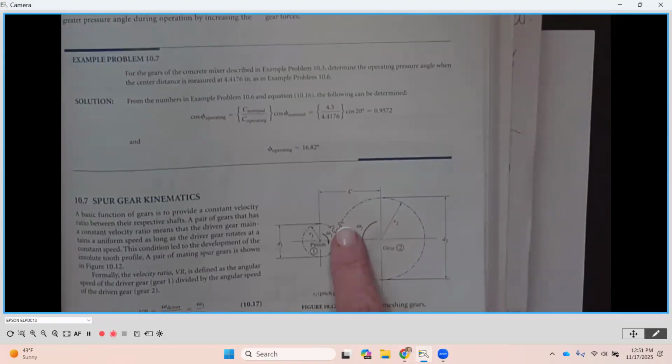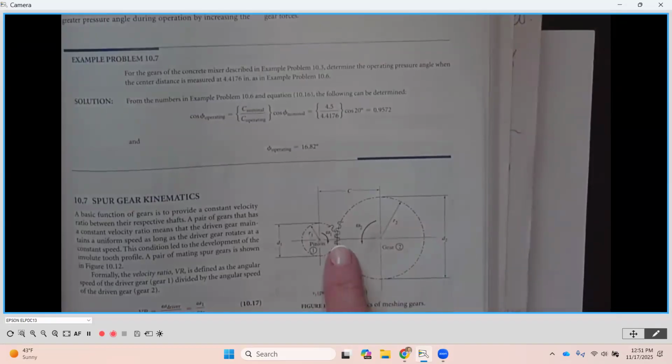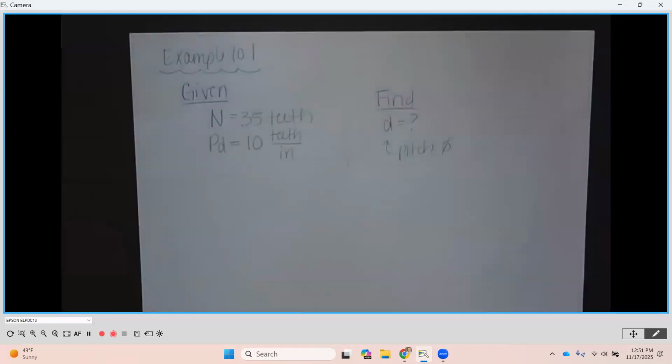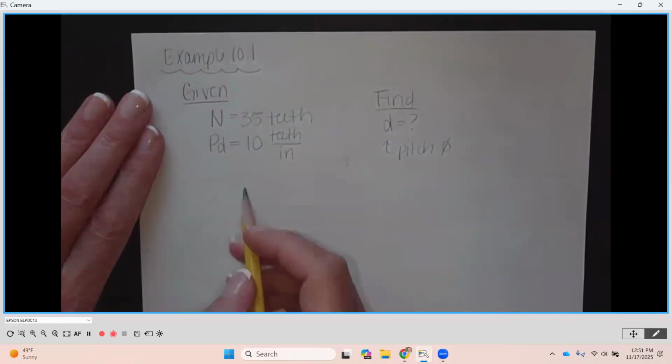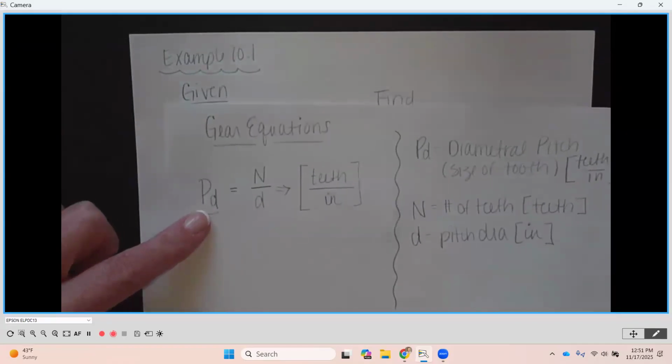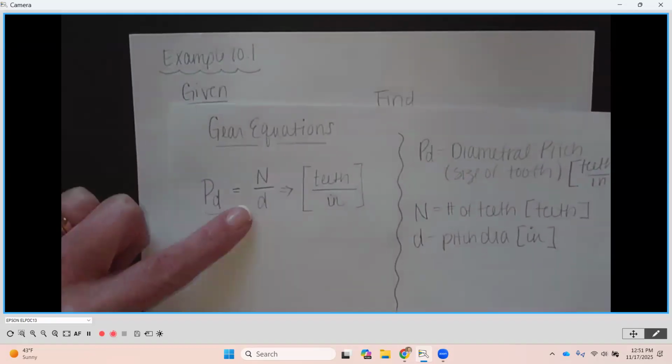It's this diameter right here, okay, for this gear. So the teeth are going to be engaged in the middle. The size of the tooth is that diametral pitch, but pitch diameter, lowercase d, is what we want to find, the physical effective diameter where they're going to mesh, where they're going to be tangent to one another, okay? So to do that, we know that our equation is diametral pitch is equal to number of teeth over pitch diameter.